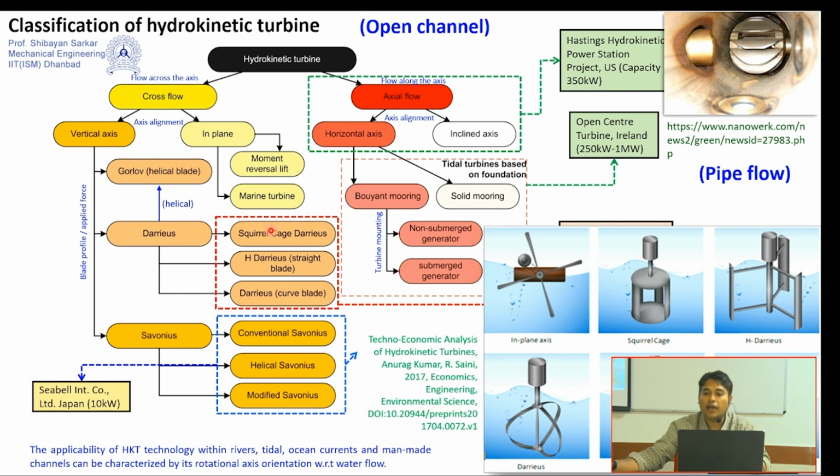These are all given, and in the morning I discussed in-pipe hydropower, or in-pipe hydrokinetic system. In the in-pipe hydrokinetic system, you can see this has a cross-flow nature. The number of blades in a conventional Savonius turbine is 2, it may be 3, I can increase more.